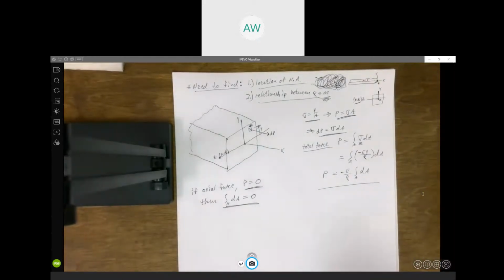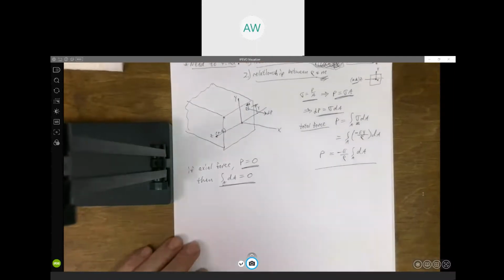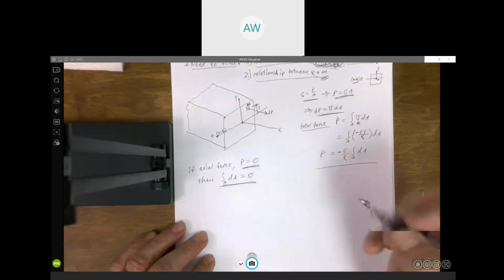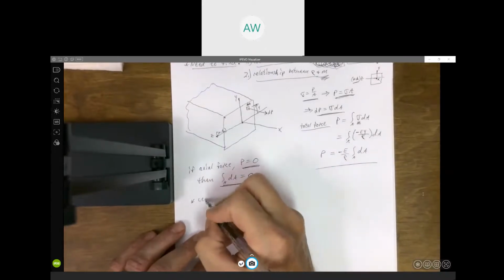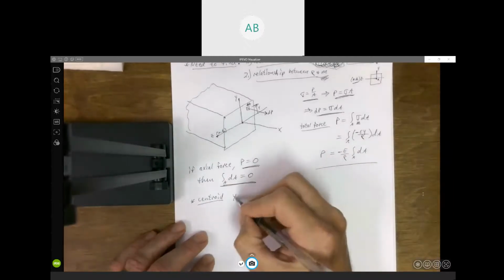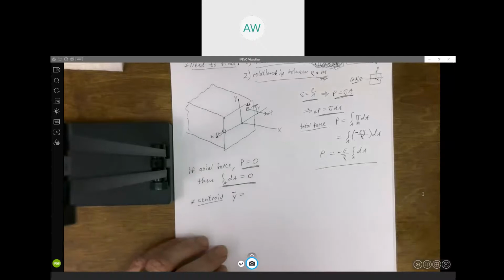You may or may not recognize that integral, but you saw it in statics when you talked about centroids. When you first started covering centroids, you probably did it for areas where you had to integrate. Then I suspect you did it for composite areas, where you did not have to integrate.